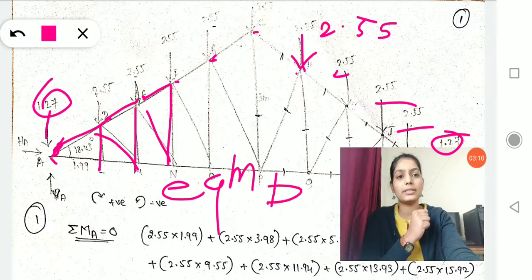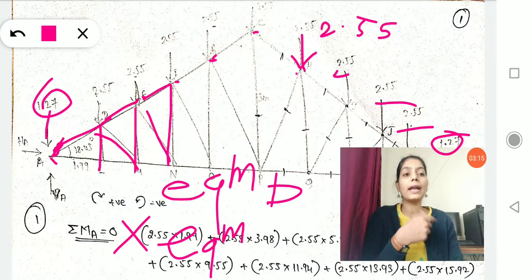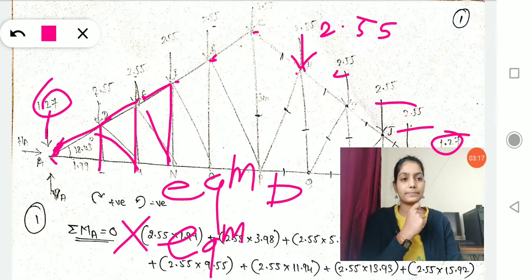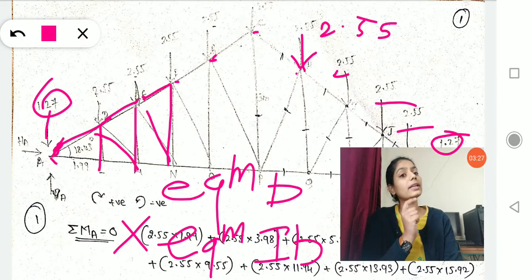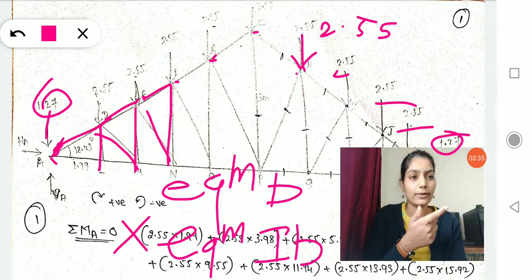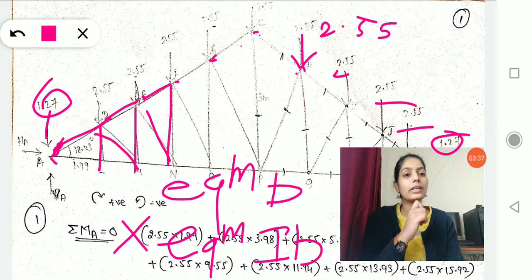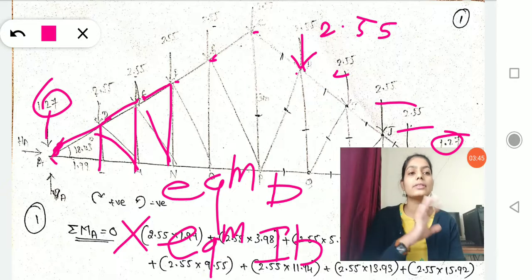The structure which can't be analyzed by using only the three equilibrium equations is an indeterminate structure. If the three equilibrium equations are not sufficient, we require an additional equation for the number of unknowns. For that we use compatibility equations to solve the indeterminate structure. So this is all the background.